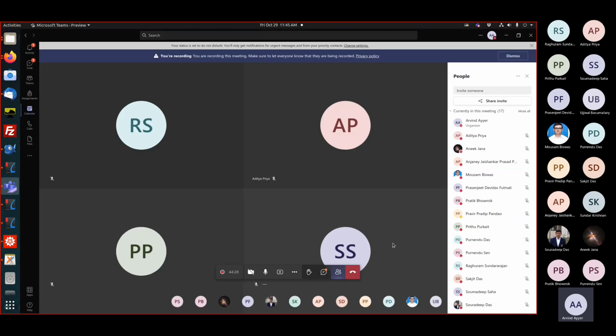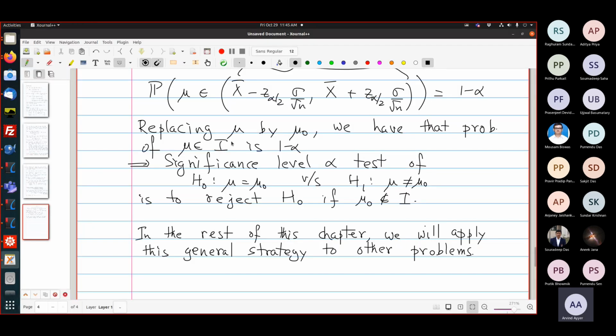We talked about confidence intervals for the mean of normal data when the variance is unknown. We talked about the difference of two means when the variances are known. Difference of means of two normal data when the variances are known, and when the variances are unknown but equal, and also for Bernoulli data. For each of these cases, we will follow this general approach. Okay.